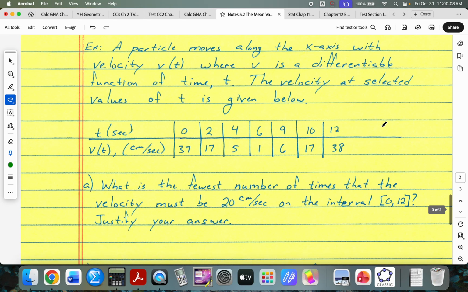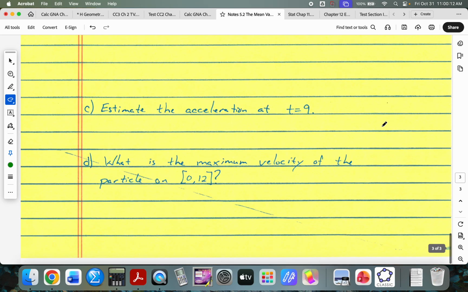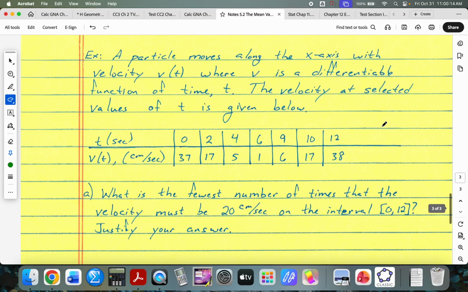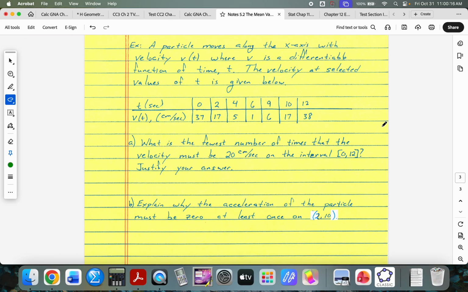All right. So let's take a look at this problem, which of course, I'm not going to be able to see all of it, but we'll get what we can. So a particle moves along the x-axis with velocity v of t, where v is a differentiable function of time t. The velocity at selected values of t is given below.